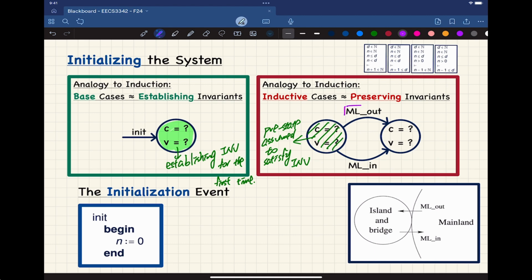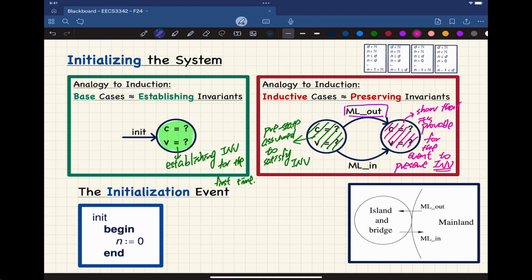For example, if we talk about ML out, also we got to talk about ML in, different events. And we want to argue that the post states over here show that it's provable that the post state also satisfy the invariants. Show that it is provable for the events to preserve the invariants.